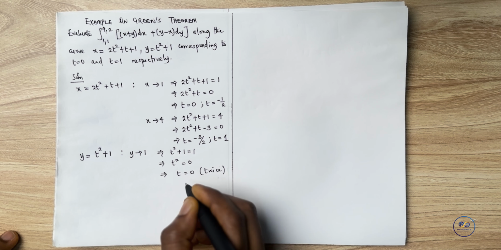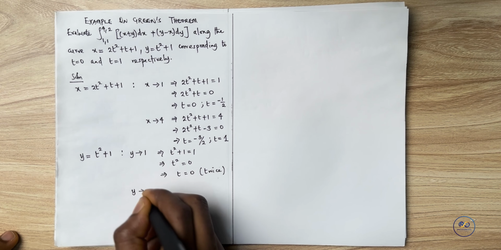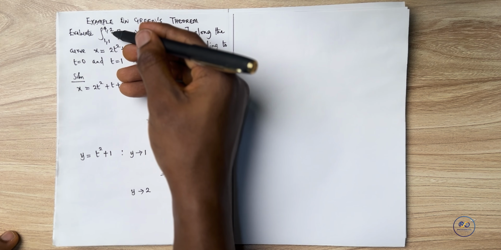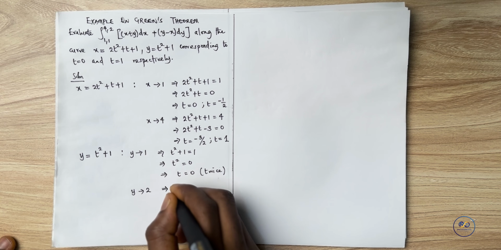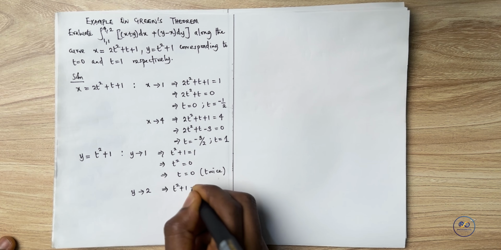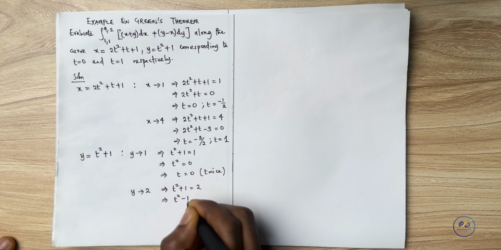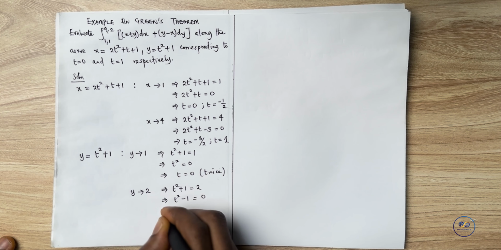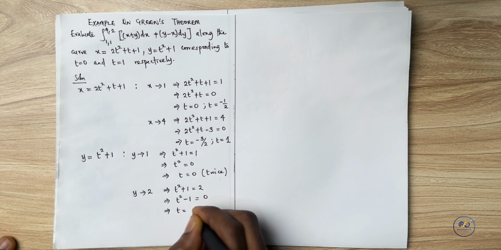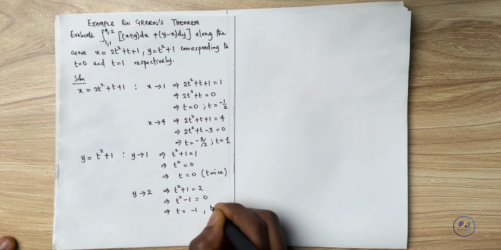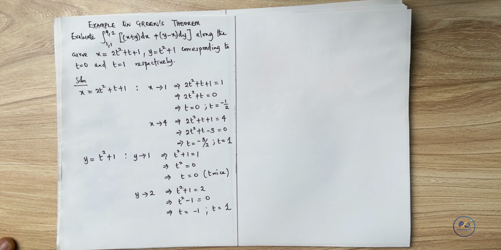So it will be a double solution for 0. Similarly, when y goes to its upper bound, which is 2 in this case, we will have immediately that t squared plus 1 equals 2, which would mean that t squared minus 1 equals 0. This is the difference of two squares. So the roots would be t equals minus 1 and then t equals 1.